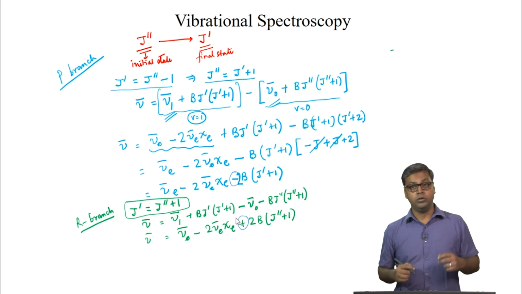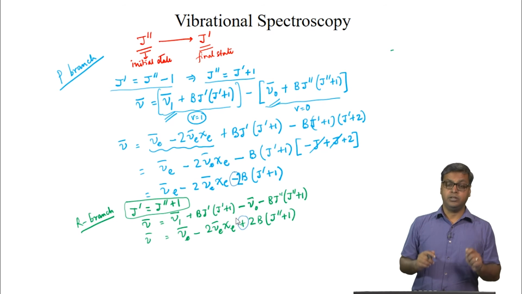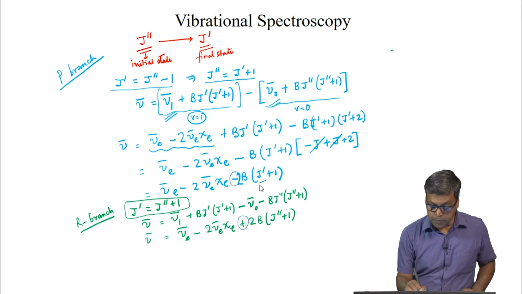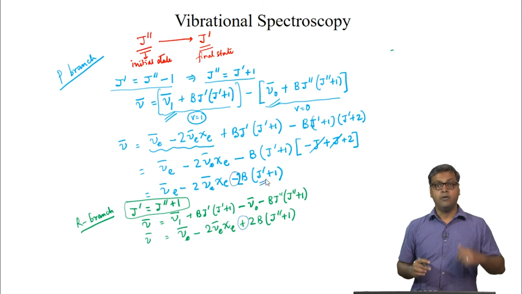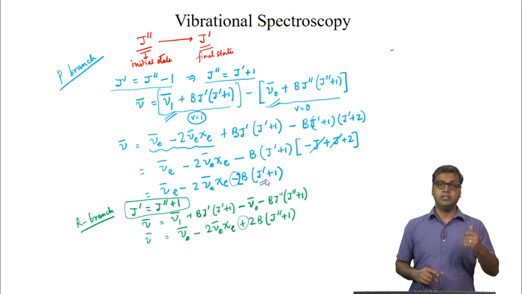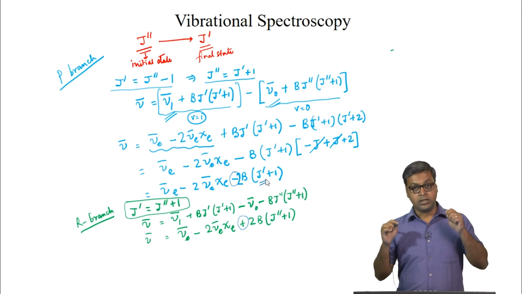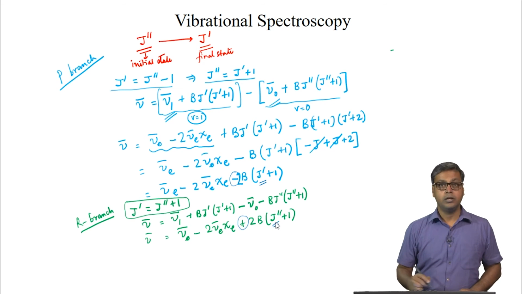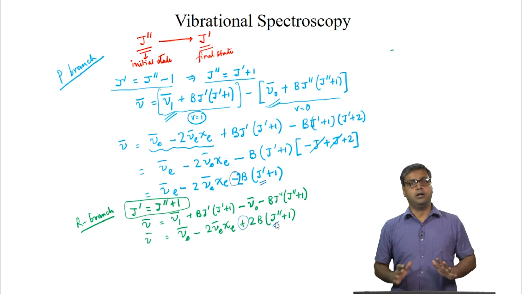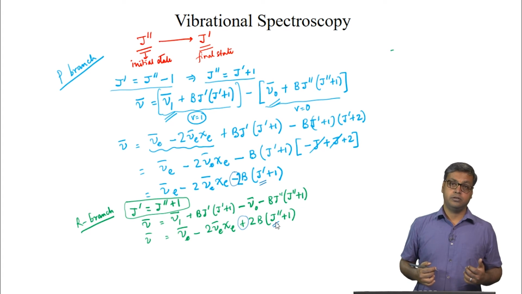And number 2, in the P branch, we define the energy difference in terms of J prime, the final J value, but in the R branch we define the energy difference in terms of J double prime. This is solely done to show the similarity between the expressions.